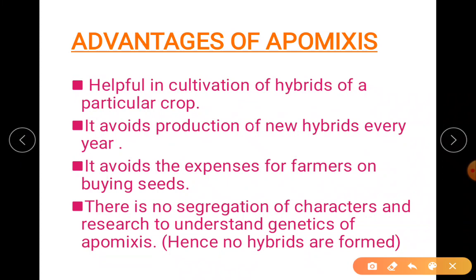Once the seeds are ready, the farmer need not go and buy from the agriculture farm again. So it avoids the expenses spent on buying the seeds. So this is a benefit for a farmer. Since there is no segregation of characters, you are not getting any hybrid.